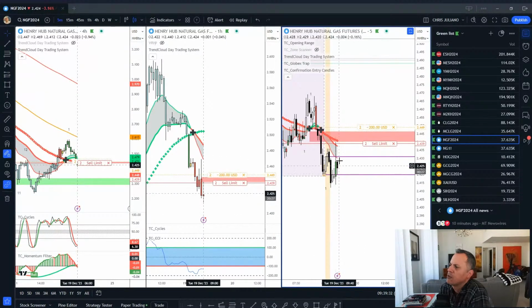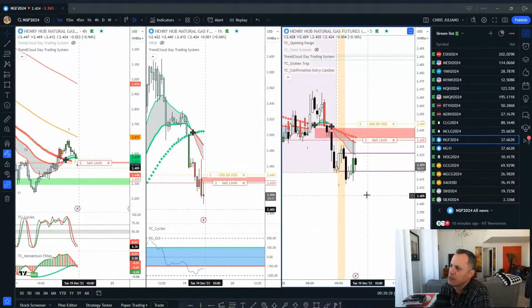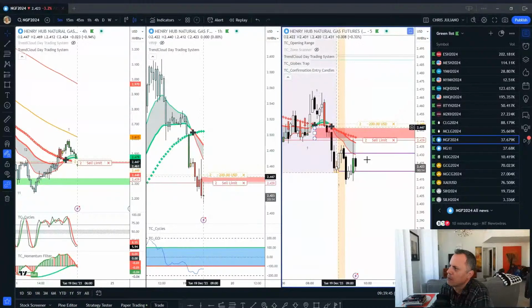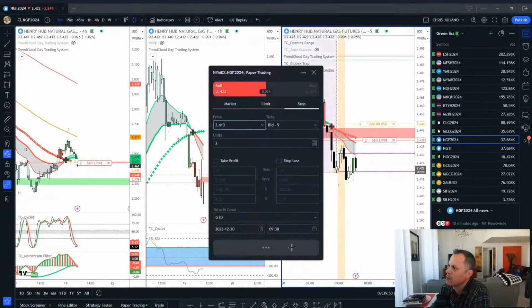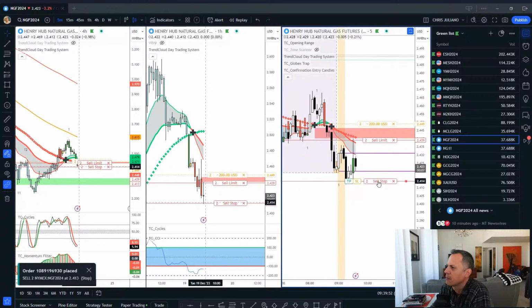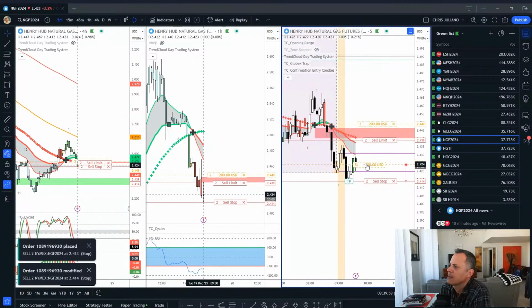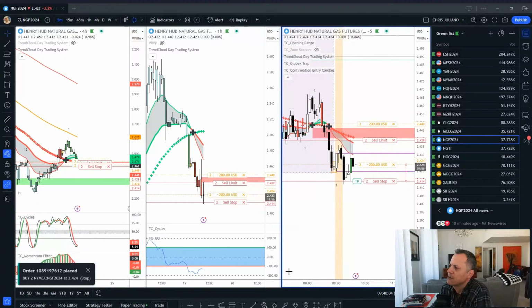But when you see a confirmation entry candle like this to the upside, but all the forces are down, I don't have a problem taking the trade 1 tick below this. Sell order right there. And then your stop loss, it would have to go and really take off.